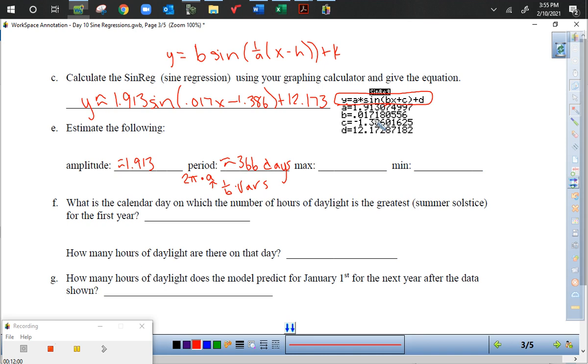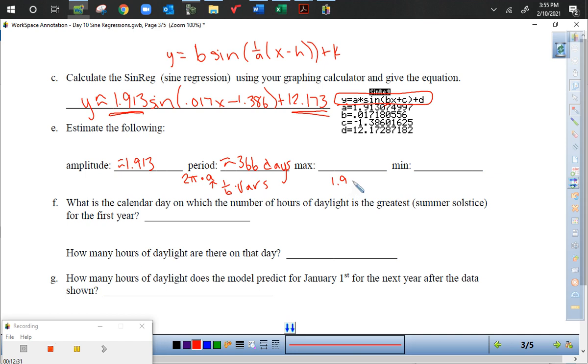Okay, with max and min here, we can use our VARS again, but I want to remind you of the process. So maximum and minimum are affected by the amplitude and the vertical shift on the graph. So we want to do positive and negative our amplitude value, and I'm just going to write the regular numbers for right now and see about with our VARS as well for this one.